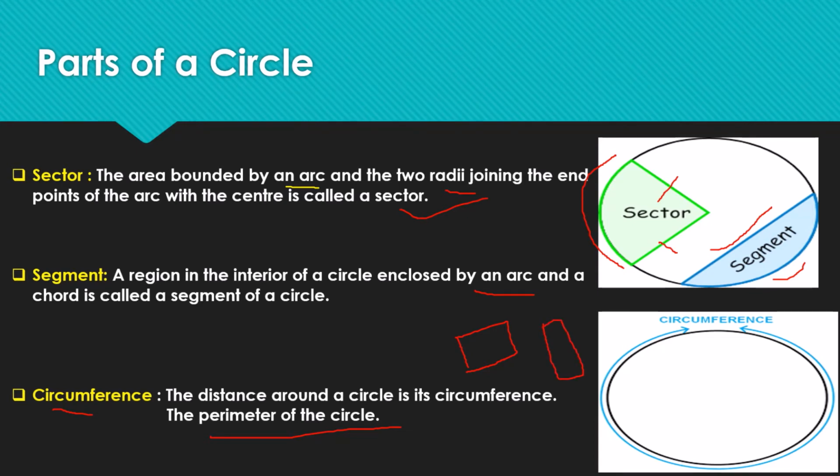So you can say circumference is the perimeter of the circle, all the distance around the figure. In the next chapter you will discuss more about circumference and area, and in higher classes you will study various formulas about these things. Now we will move to the next topic.